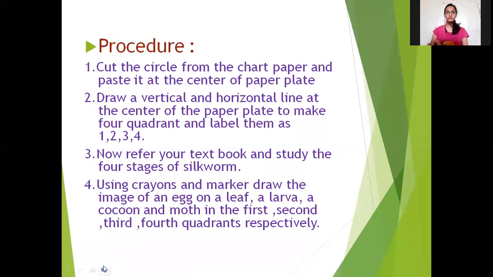Now refer your textbook and study the four stages of silkworm. Using crayons and marker, draw the image of an egg on a leaf and a larva, a cocoon, and moth in the first, second, third, fourth quadrant respectively.